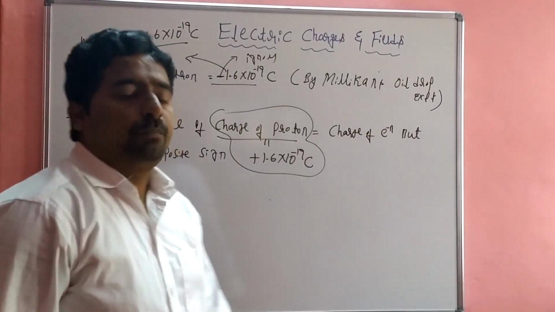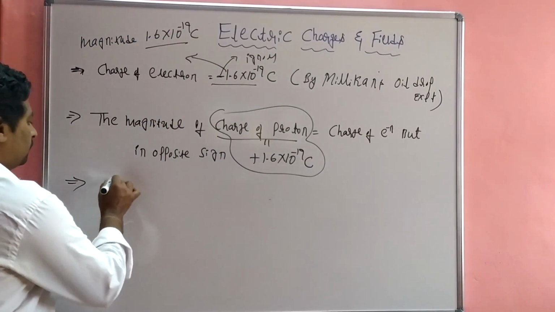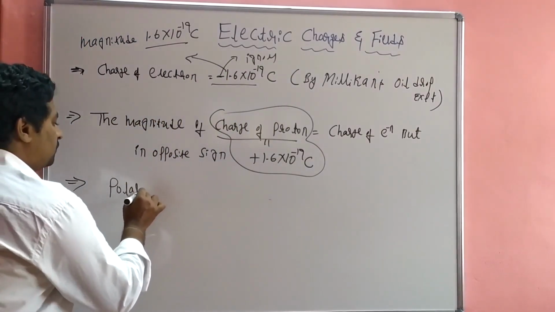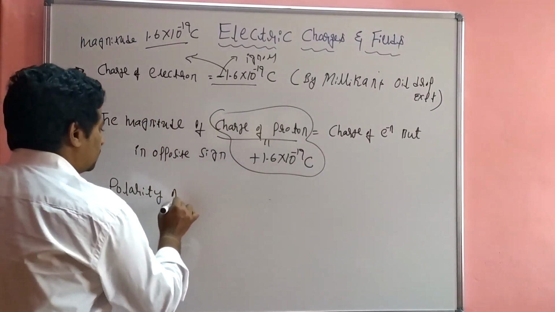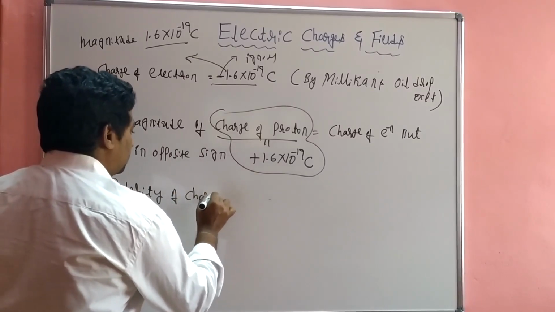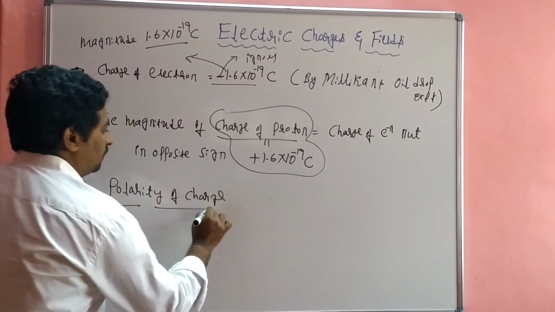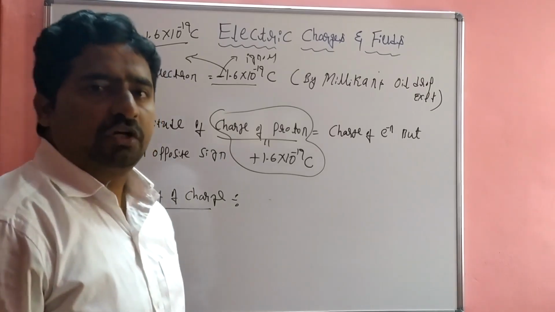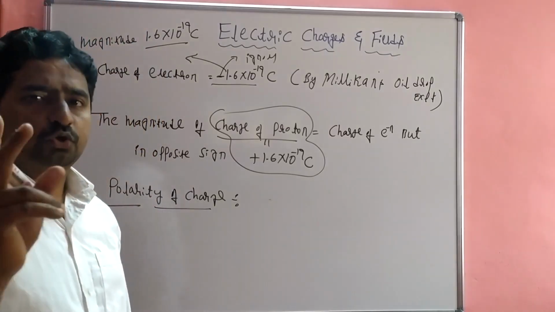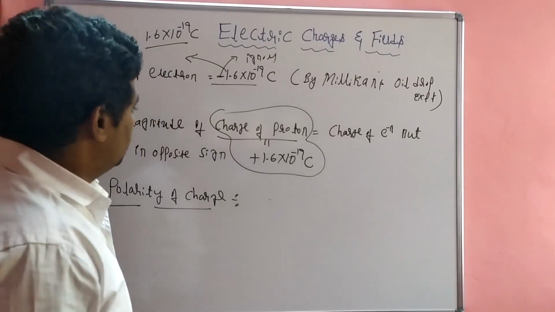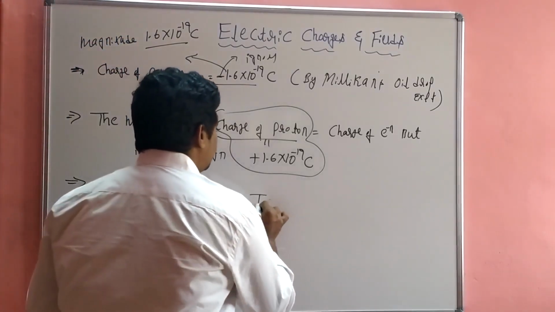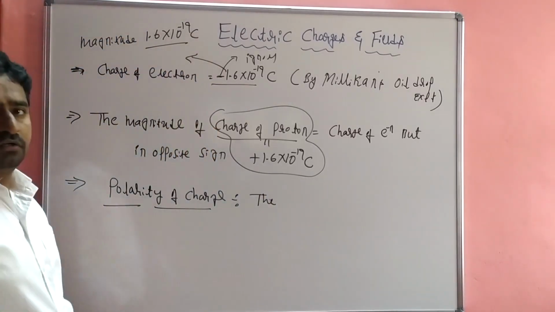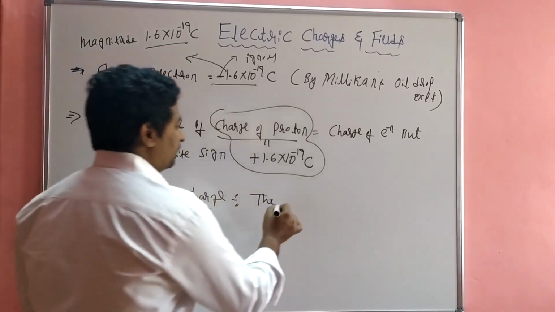So then, polarity of charge. What is the polarity of charge? The charge is differentiated into two kinds. That is called the polarity of charge.